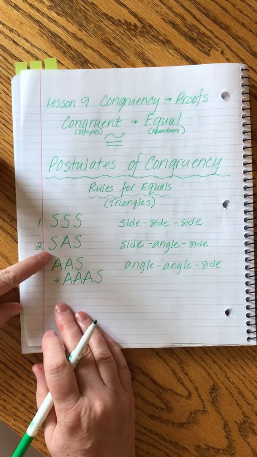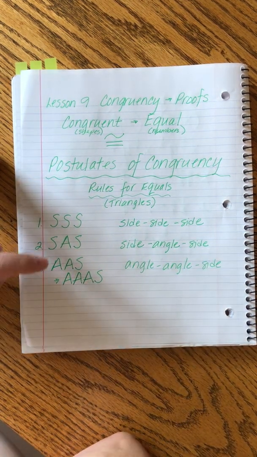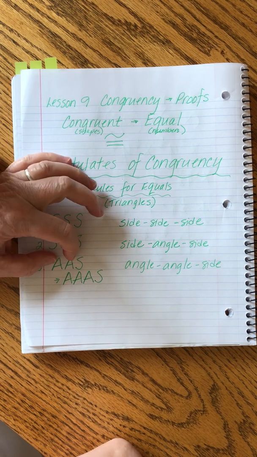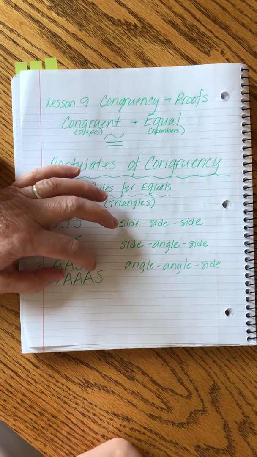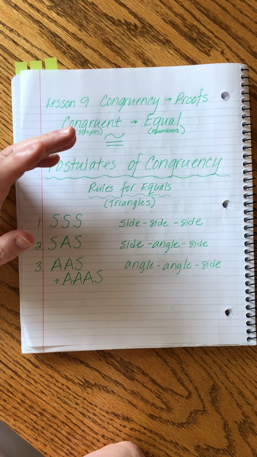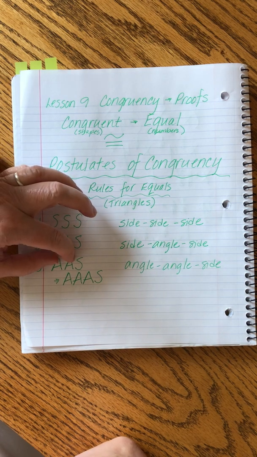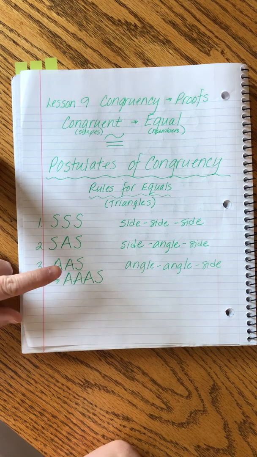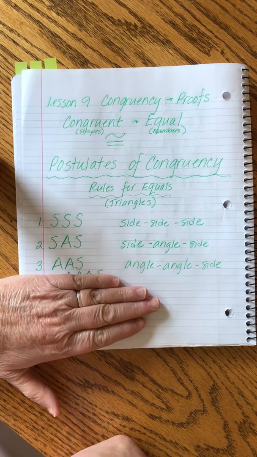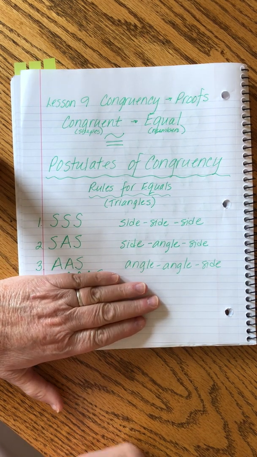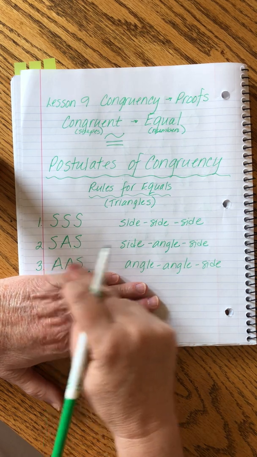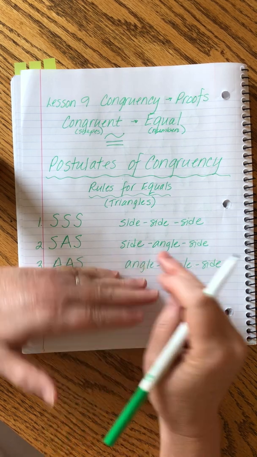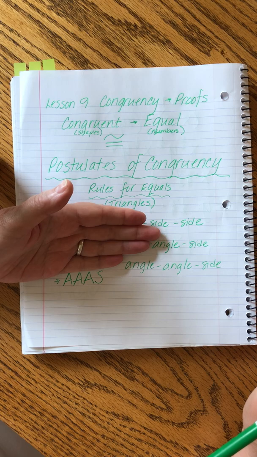Now, why are there two here? Because you and I both know that if two angles in a triangle are the same, then all three are the same, because they have to add up to 180, right? So if we can identify two of the angles, then we know we've got three. So some people think that is sufficient just to describe the rule for equality this way. Other people like to write in that third angle.